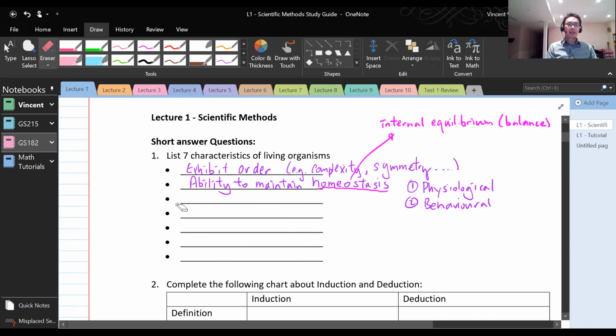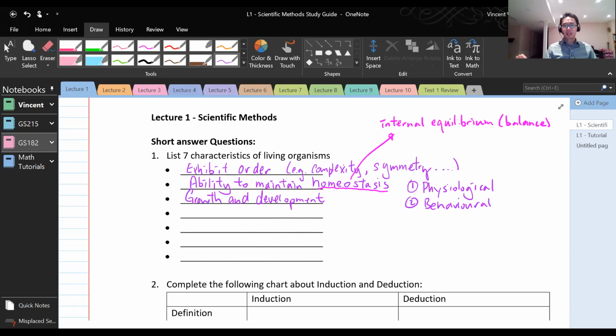And other characteristics of living things. These are not in any particular order. Okay, I'm just writing them as I remember them. Okay, so growth and development. Okay, so the organism is able to grow, to get bigger, perhaps, right? And develop. Okay.